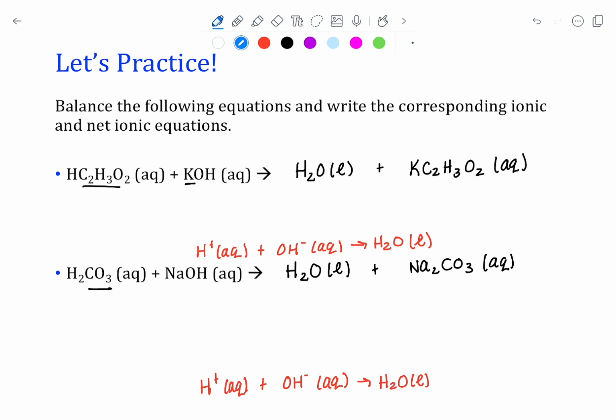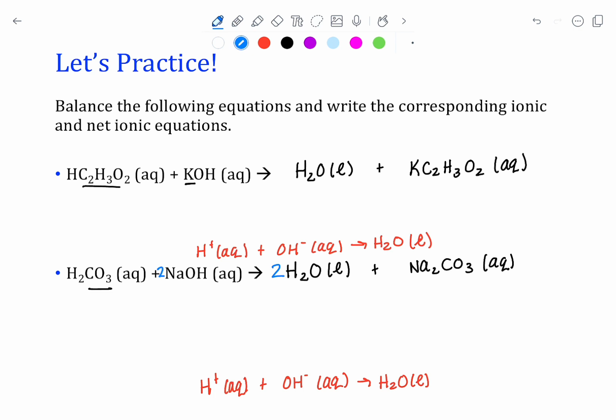So all we have to do is balance our chemical equations and then write out the net or the total ionic equation. Our first one is completely balanced, everything's in 1-to-1. Our second one, we needed 2 in front of the NaOH, 2 in front of our water, there we go. If you had trouble balancing these, please go back and review our video on balancing chemical equations.